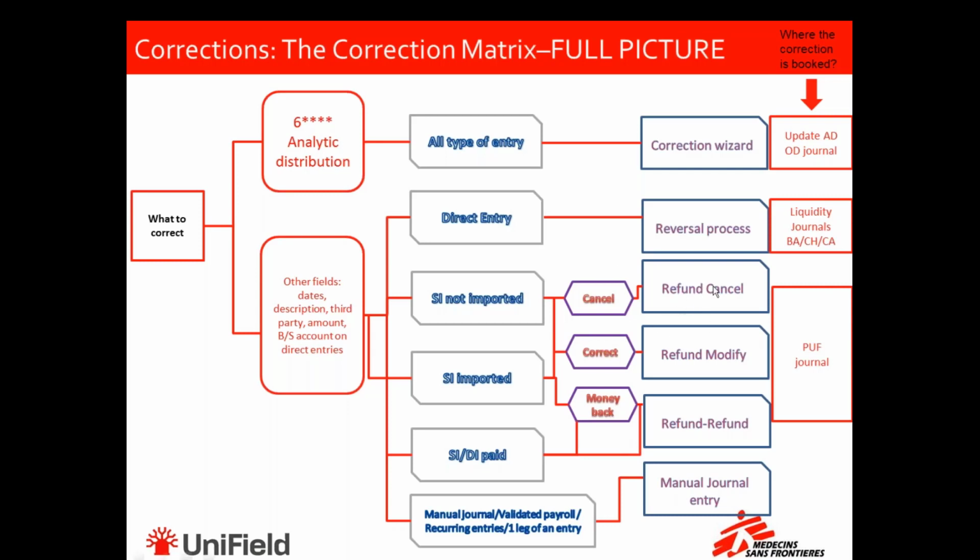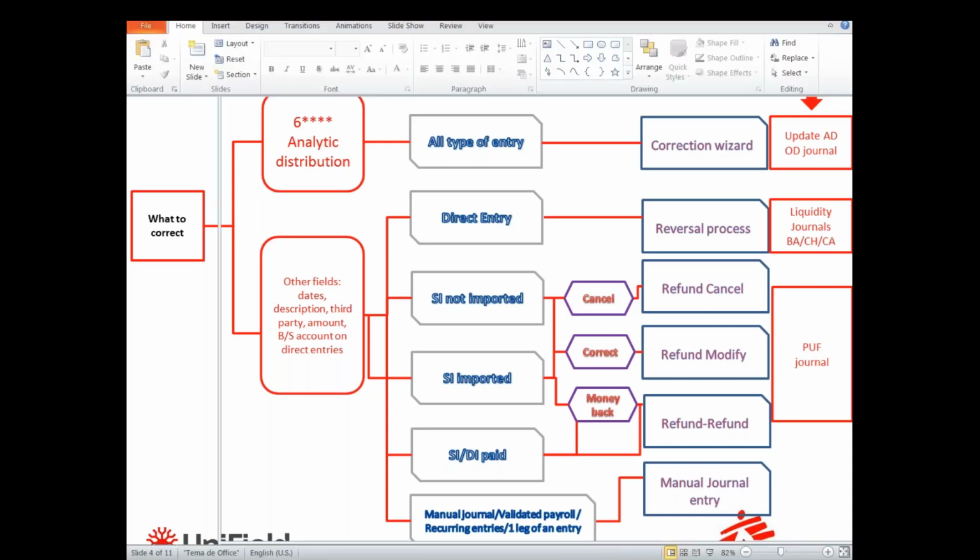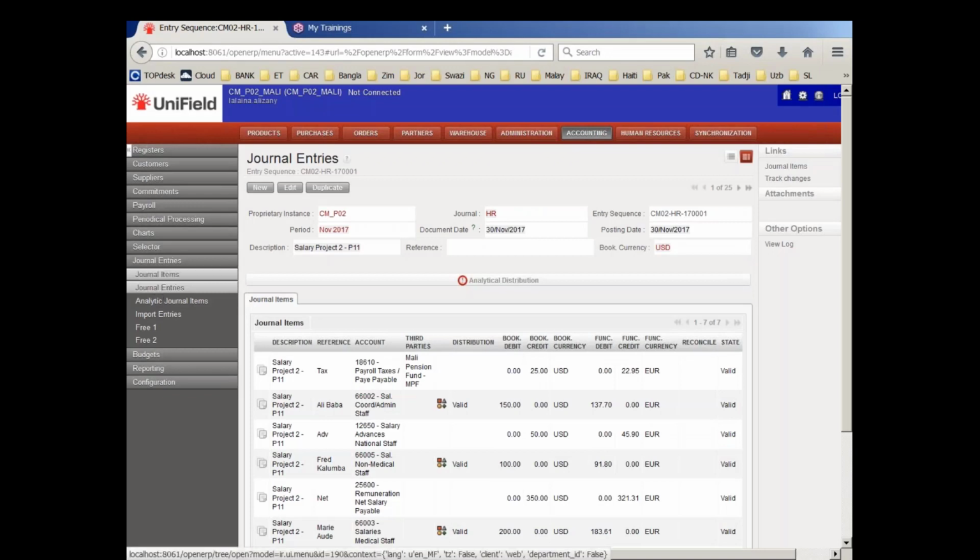So when you do the refund, the system will select this PUF automatically, and it's not possible anymore to change the journal today. You just click on refund, then you will have the PUF which is selected automatically by the system. It's important because there is a feature today which is new, and I like it very much, so I want to share it with all of the FinCos also, which is called related entries.